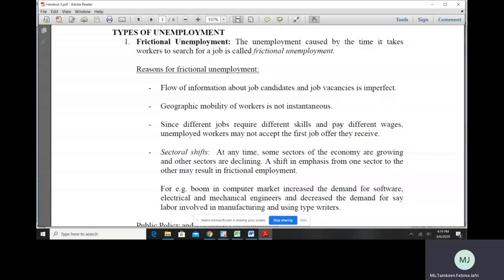What is the reason for frictional unemployment? Number one reason can be that the flow of information about job candidates and job vacancies is imperfect.